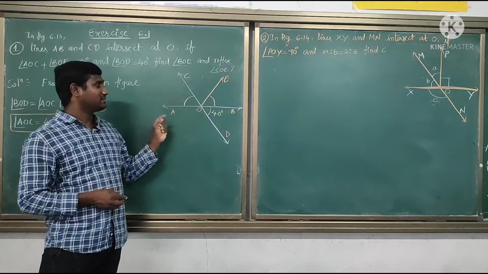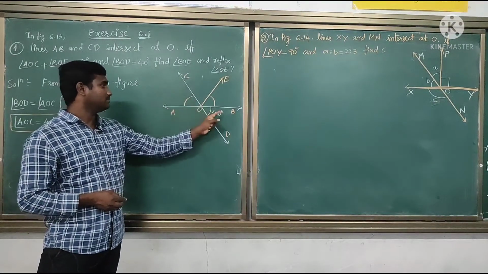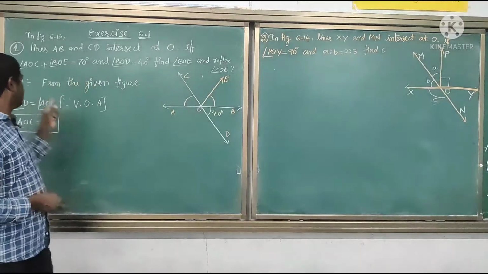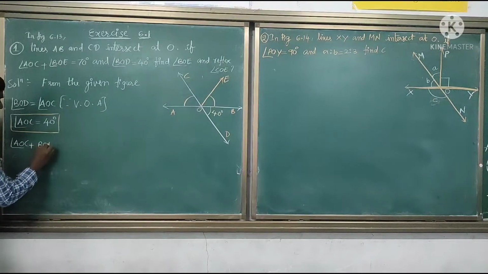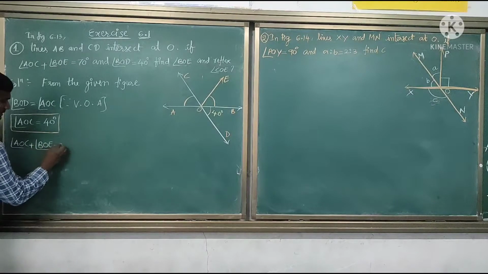They have given in the question AOC plus BOE equals 70. AOC we know is 40. So from the given equation, AOC plus angle BOE equals 70 degrees.